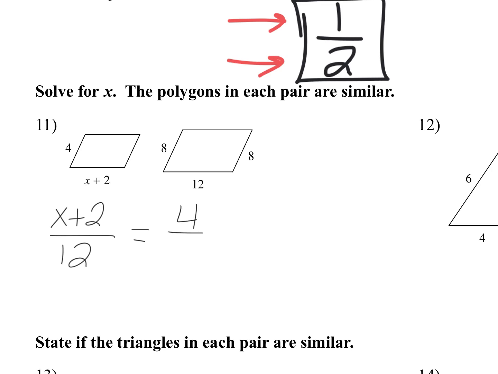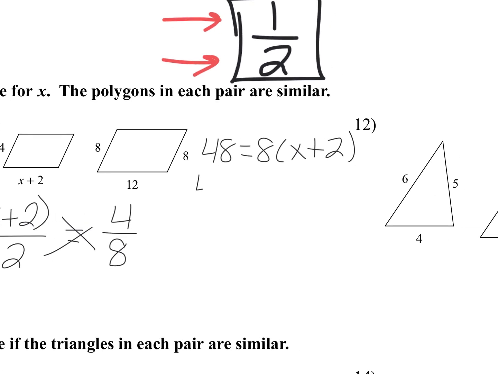4 over 8. Good. And then from here, how do I solve? Cross multiply. Don't forget that x plus 2 stays together. Okay, so we have 48 equals 8 times x plus 2. When you distribute, what do I get? 8x and 16.